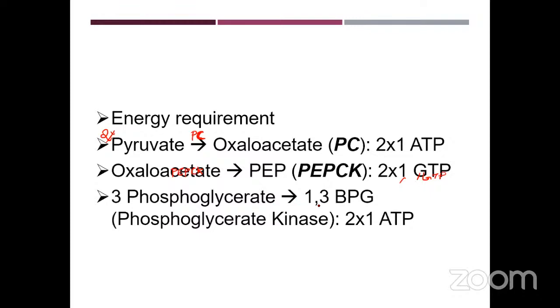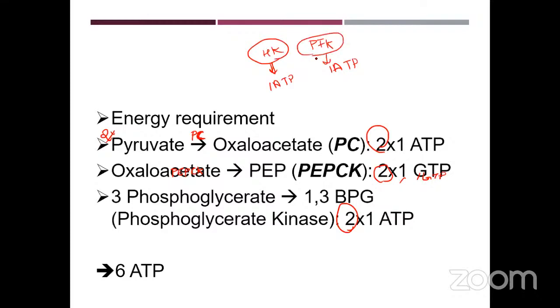And the reaction from 3-phosphoglycerate to 1,3-bisphosphoglycerate produces 1 ATP in glycolysis. As it is a reversal, 2 ATP will be required there. So adding all these, 2 plus 2 plus 2, it gives 6 ATP. We know that the hexokinase and phosphofructokinase reactions require ATP, but that is not accounted for in gluconeogenesis, because these enzymes are not there for gluconeogenesis.